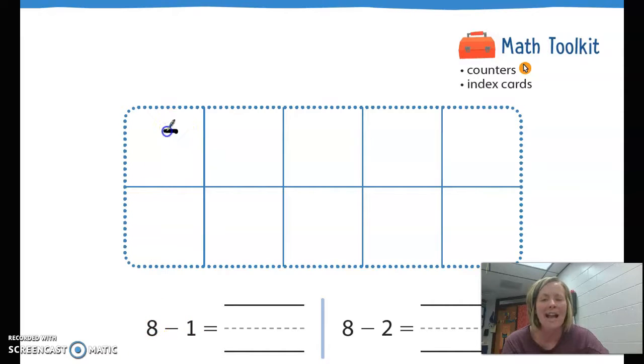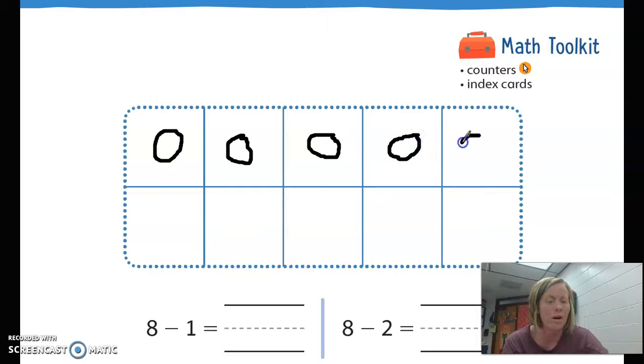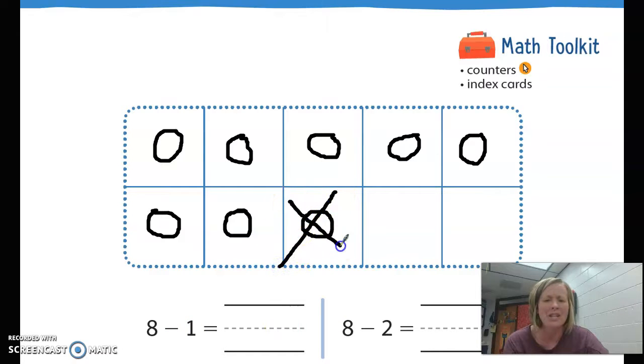I'm going to draw 8 circles. 1, 2, 3, 4, 5, 6, 7, 8. Now, how many am I taking away? You're right. I'm going to just take away 1. So now let's count and see how many are left. Ready? 1, 2, 3, 4, 5, 6, 7. 8 take away 1 equals 7.